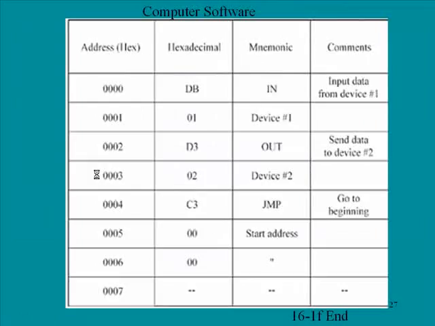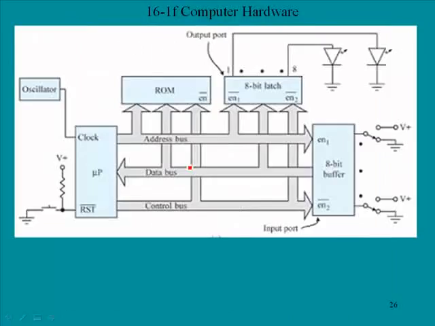So we said we want to have an output, and then this specifies the device number. The microprocessor now has everything required to execute the instruction and proceeds to do so. Recall, this was device number 1 and this is device number 2.